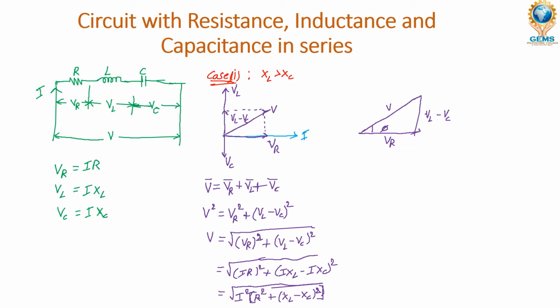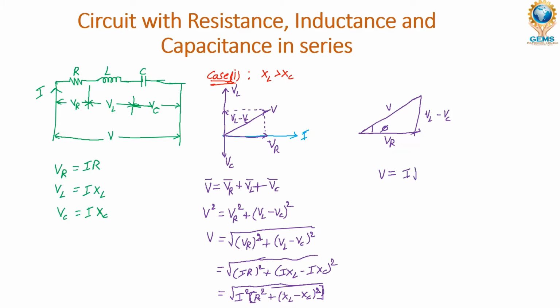Now V equals I, if it comes out from the square root, it will become I. Square and root get cancelled.